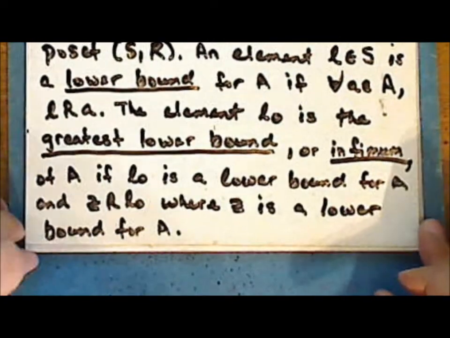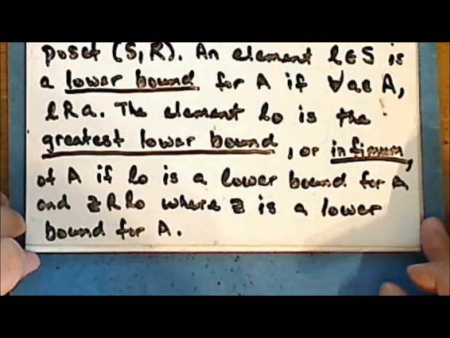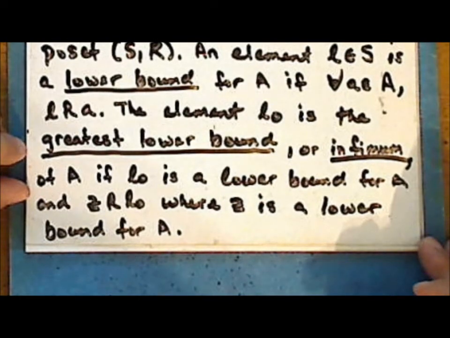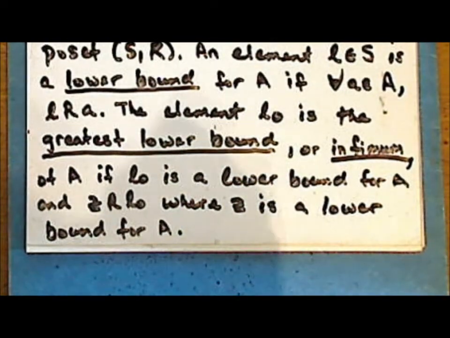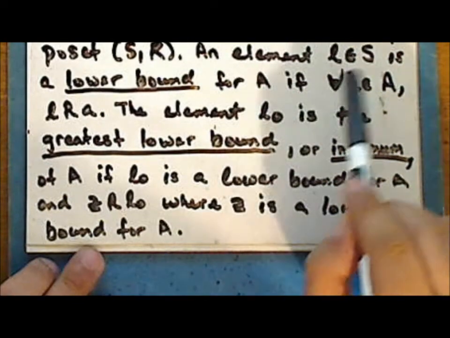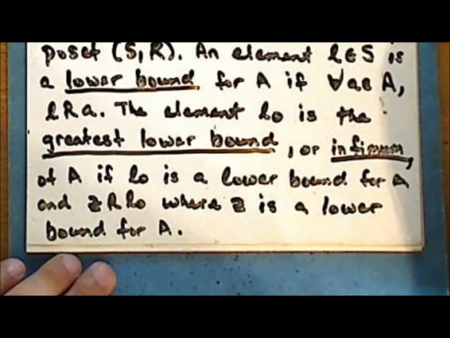So analogous to the greatest common divisor, we have the greatest lower bound or infimum of a subset, where we have an element in the underlying set of the poset that must satisfy two conditions.